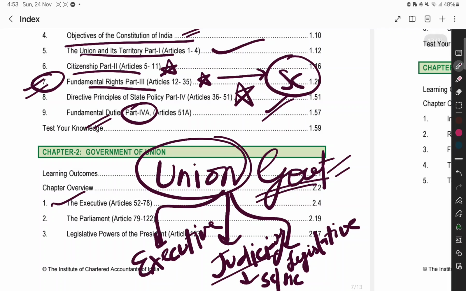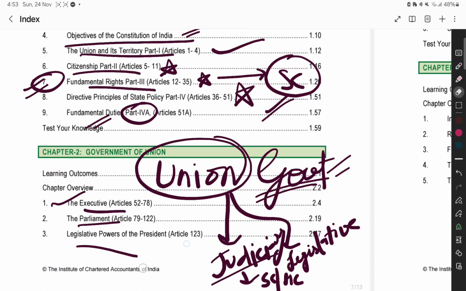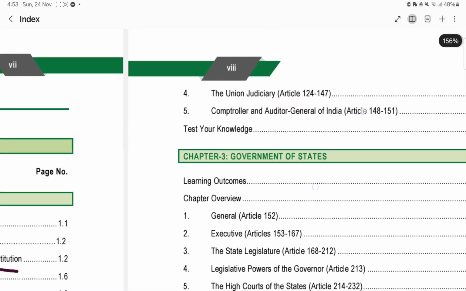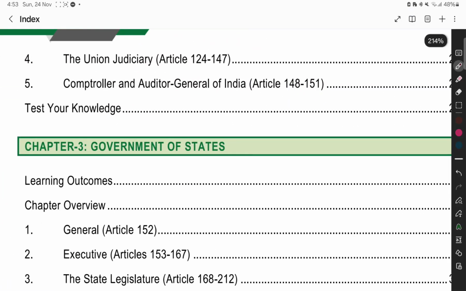That is, we discuss the executive function. In this, the parliament, that is legislative, and the legislative power of the president in Article 123, and the union judiciary.